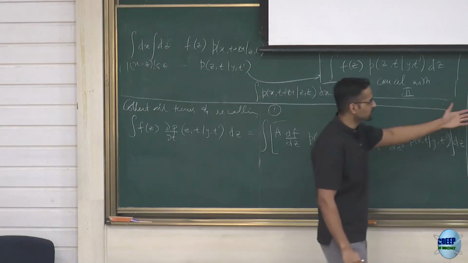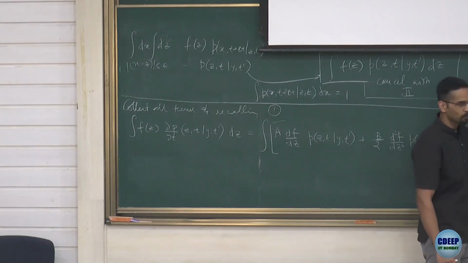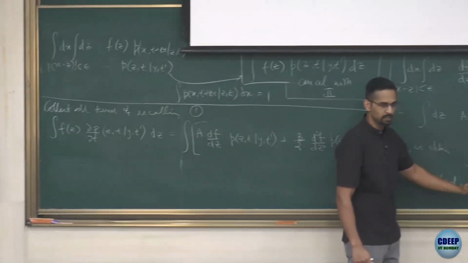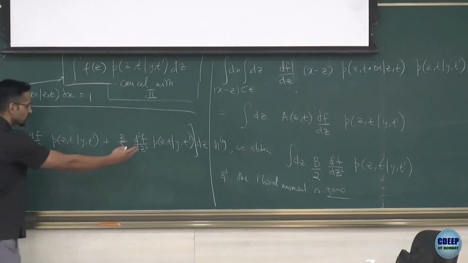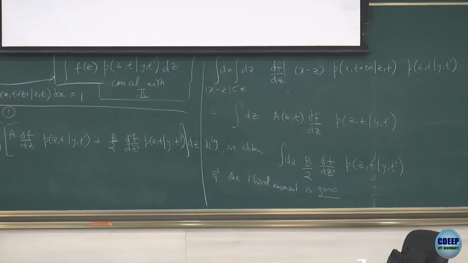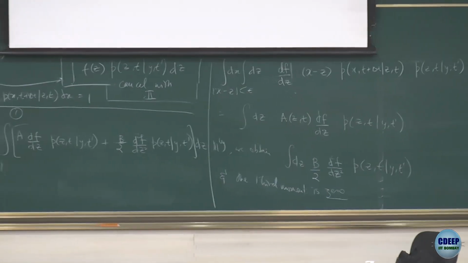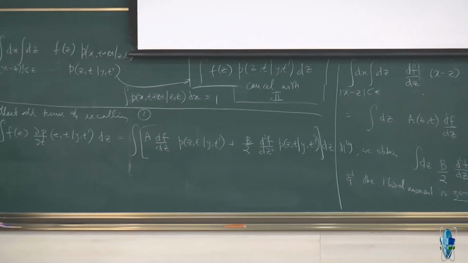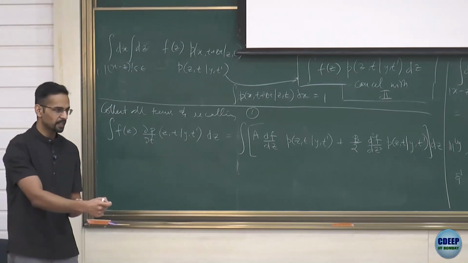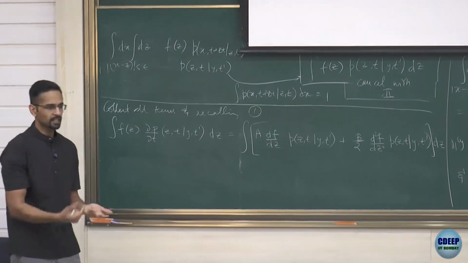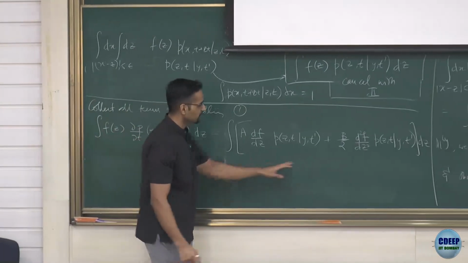So those naturally allowed us to put in our moments, first moment A, second moment B, and higher moments we know will go off. And when we collect everything together, we reach here. So what we have used is the definition of the limit, Chapman-Kolmogorov, to go from the far point y to a close point z, that is close to x, and then did a Taylor series treatment. Okay, and so we have got it.